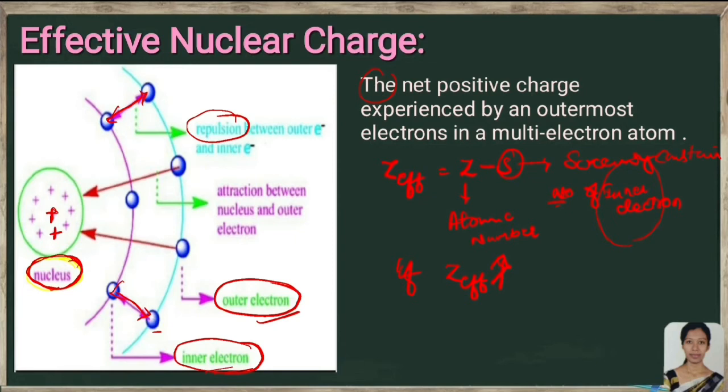If the effective nuclear charge is less, the electrons do not experience the nuclear charge effectively, so they will be away from the nucleus and the size of the atom increases.